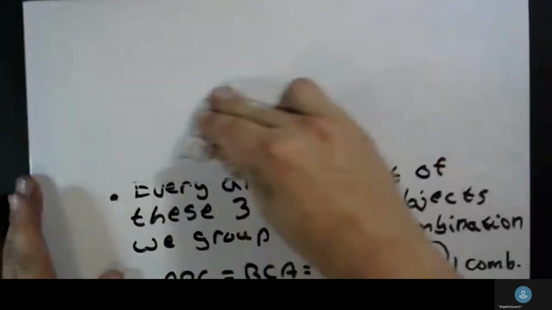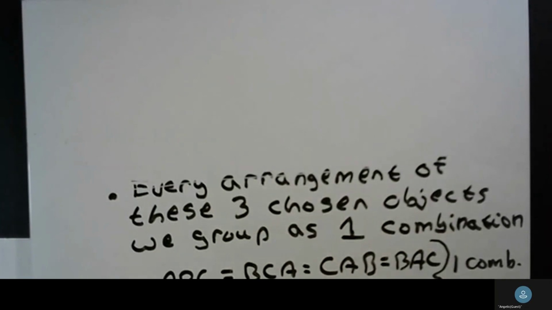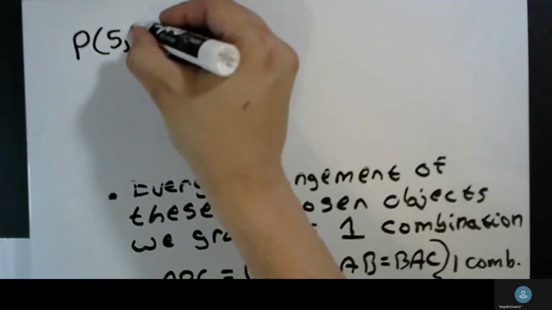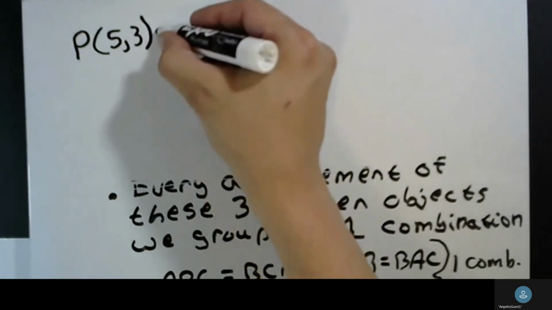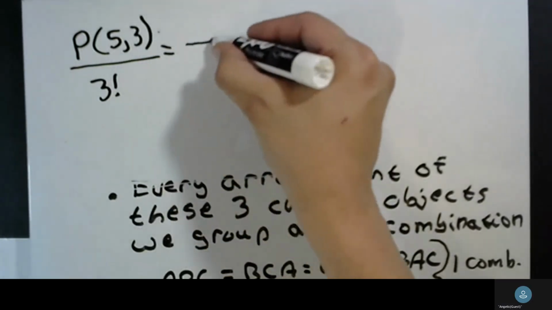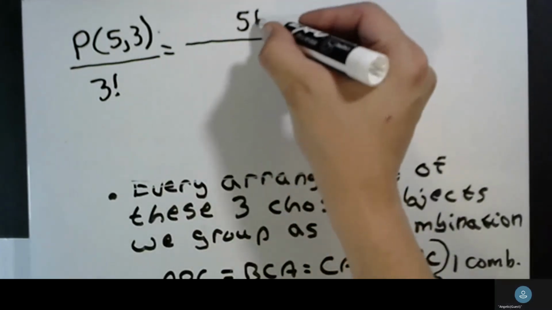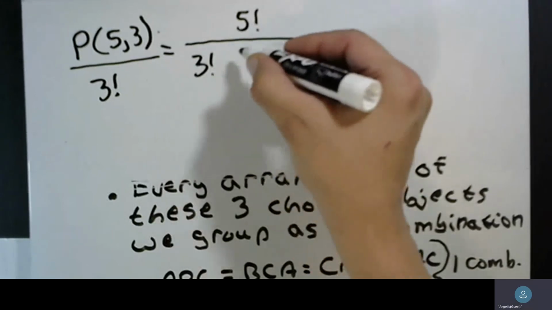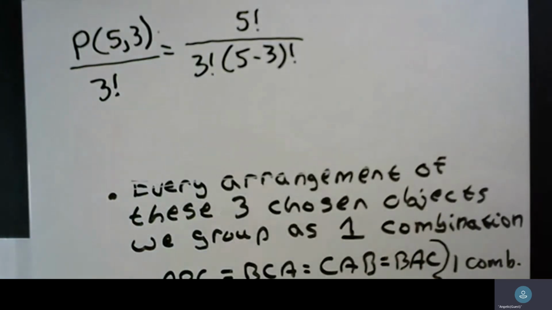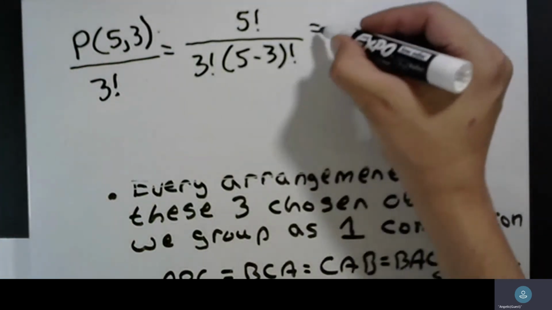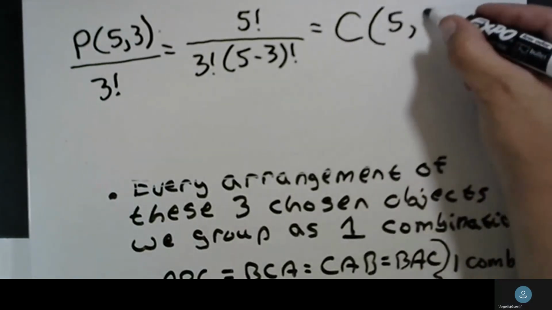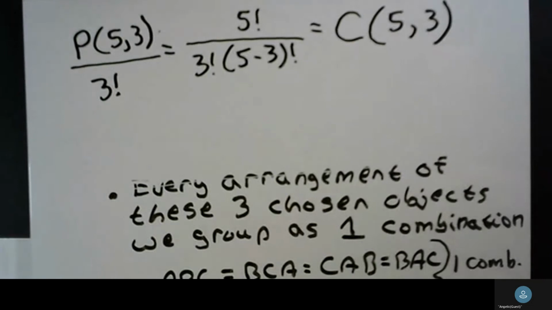So what this means is we take P 5, 3, and divide it by 3 factorial. And so we get this. And this is the number of combinations with 5 total objects and 3 being drawn.